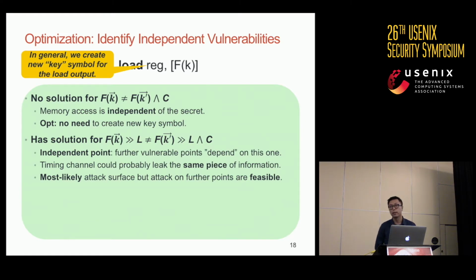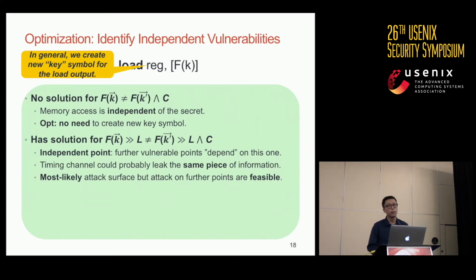The motivation is that by studying the underlying memory layout, the attacker could probably recover the relations, for example, some one-to-one mappings between the newly created symbol and the input symbol in the formula. As a result, the timing channel could probably leak the same piece or even a subset of information on the further dependent vulnerable points.